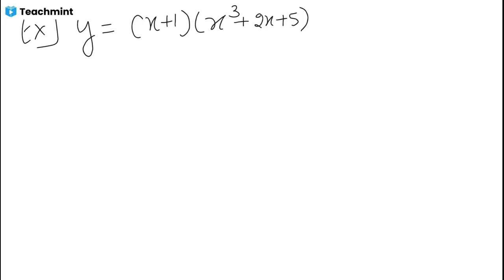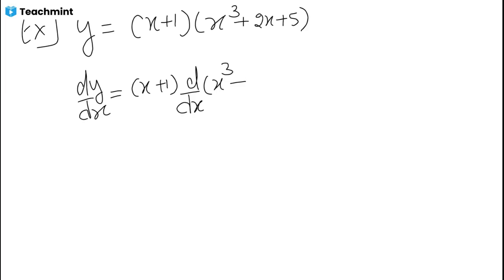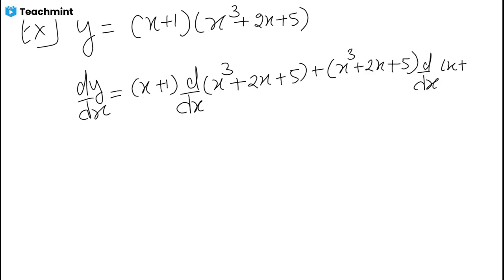So dy over dx is equal to the first function into the derivative of the second function. A derivative means that when we differentiate a function, the result is said to be the derivative. Now write down the second function and the derivative of the first function. Write the first function as such, because we are differentiating just one.